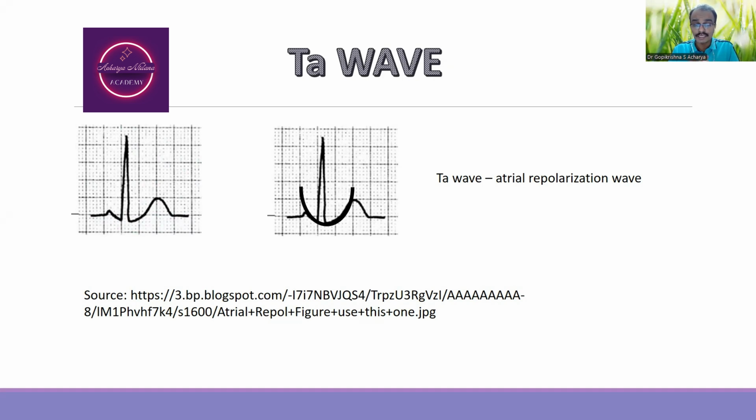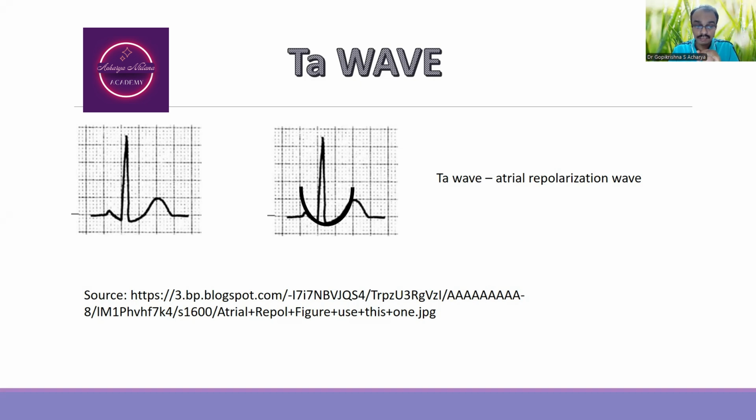When you see this particular small picture, that is showing the TA wave. In the extreme left is the image, whereas in the extreme right, you can see how this particular TA wave looks. It will look like a perfect curve itself.